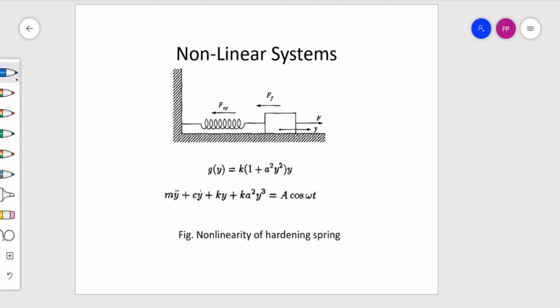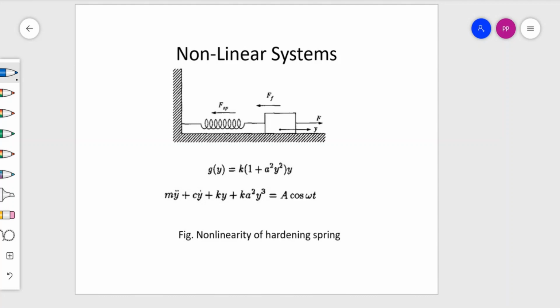So you can see that the spring can be modeled as a function of the output g(y) equals k into (1 plus a square y square) multiplied by y. So when we represent the complete system, it should be m d²y/dt² plus c dy/dt plus ky plus ka square y cube equals a cos omega t.